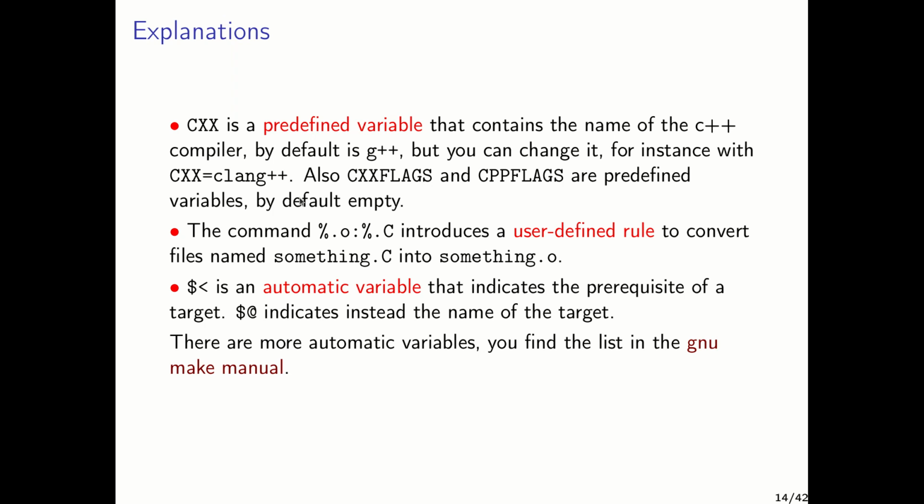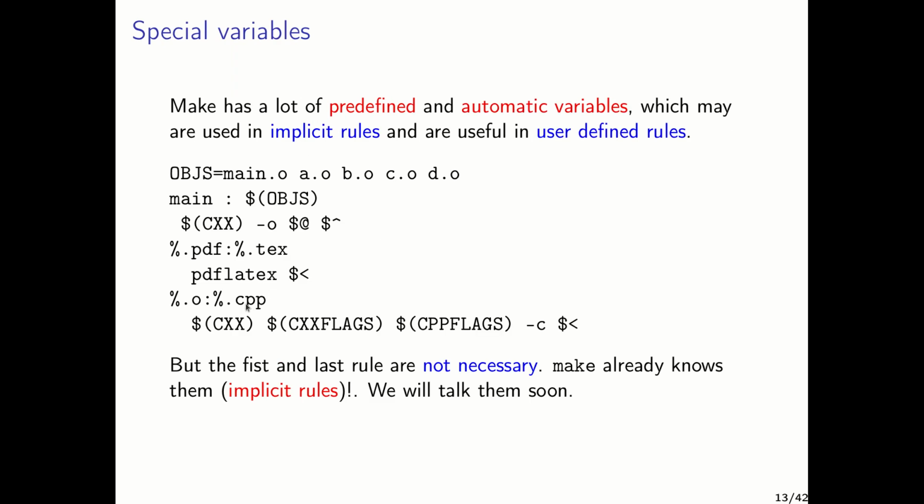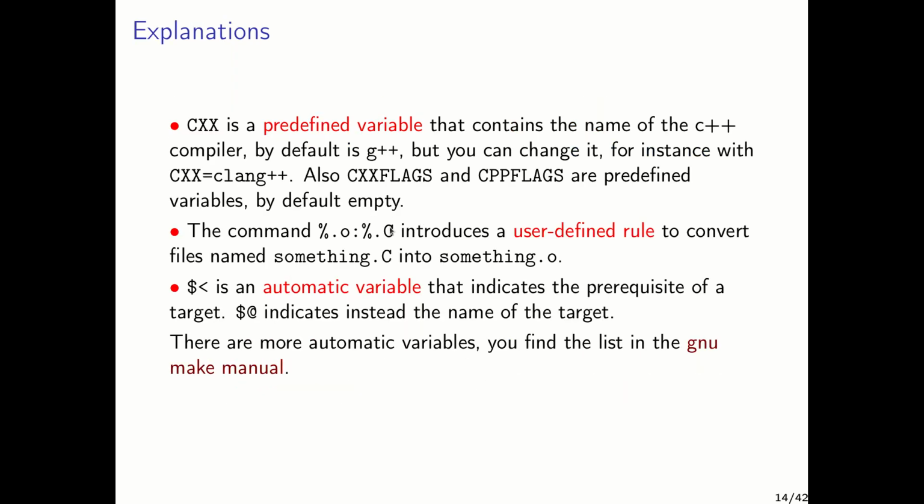We will see later on what they mean. Sorry, here is uppercase C, while in the previous slide I changed it to cpp, but I forgot to change it here. But anyway, this is a user-defined rule that converts any file named something.uppercase-C into something.o.